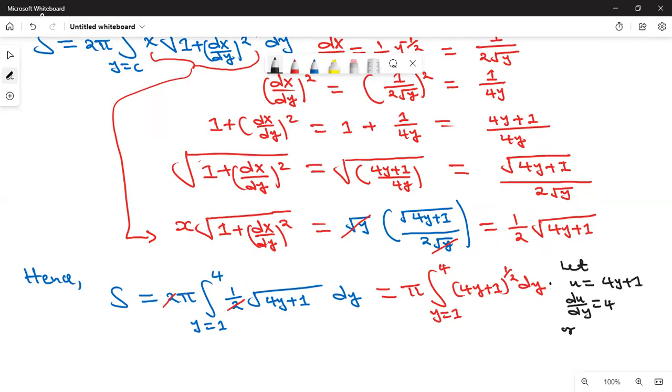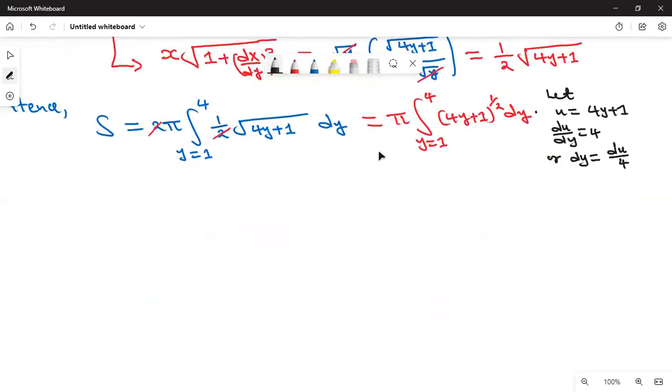Or dy, if you cross multiply and make dy the subject, you'll get du over 4. That's what you find. You must also know how the limits of integration will change.